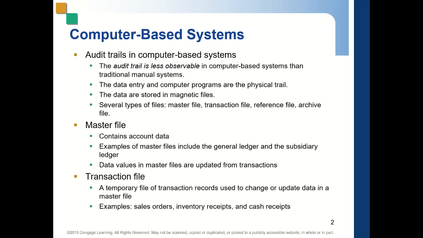Now, when working with computer-based systems, of course, things will be stored in magnetic files, and there are several types of files. For instance, your book talks about a master file that contains data, a transaction file that is a temporary record of your transaction records.